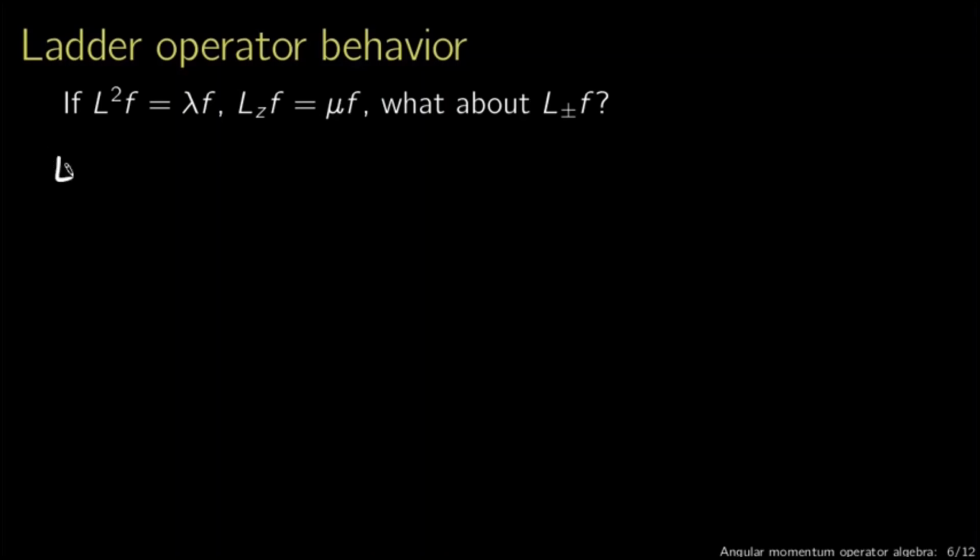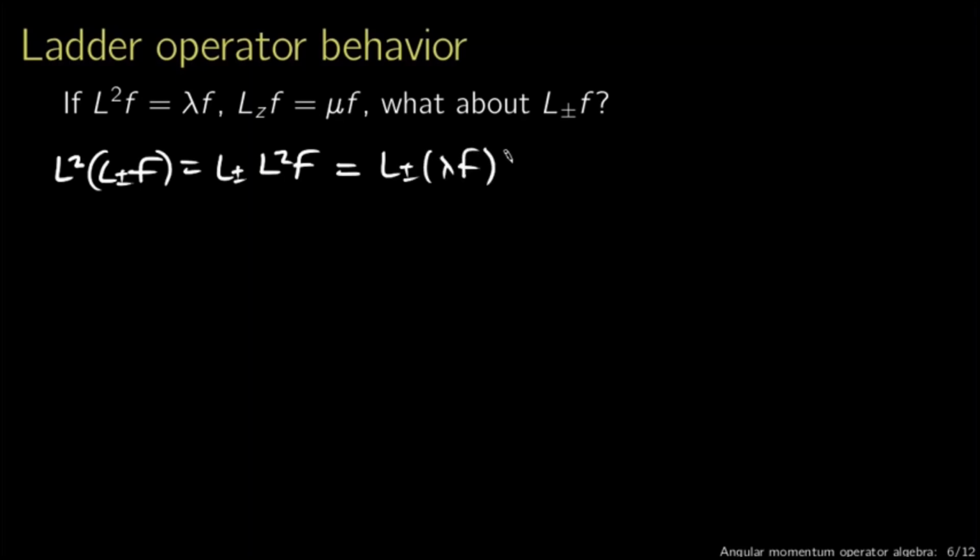First of all, consider L squared acting on L plus or minus f. Well, you know that L plus or minus commutes with L squared, so I can write this as L plus or minus times L squared acting on f without changing anything. But L squared acting on f, I know what that is. It's just an eigenvalue multiplied by f. So this is L plus or minus acting on lambda f.